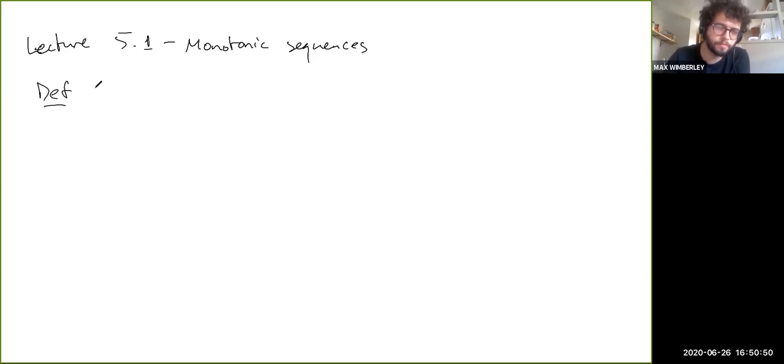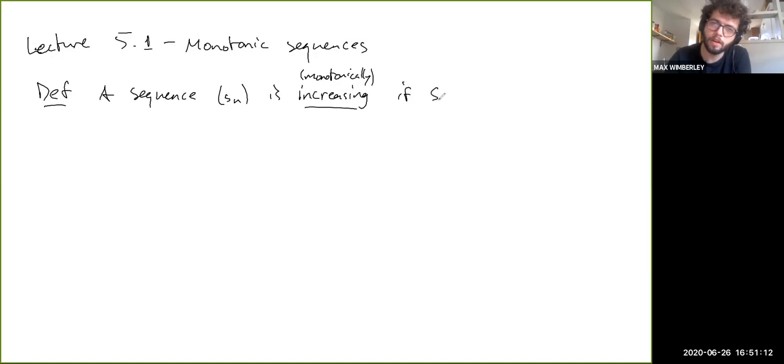A sequence Sn is increasing, and sometimes we put the word monotonically before this, monotonically increasing, if Sn is less than or equal to Sn plus 1 for all n.